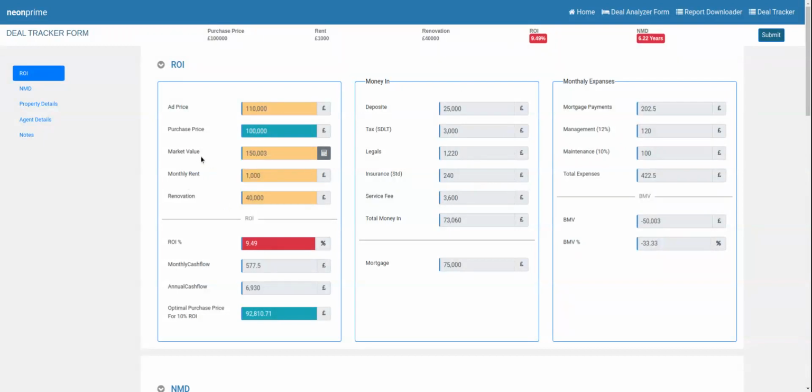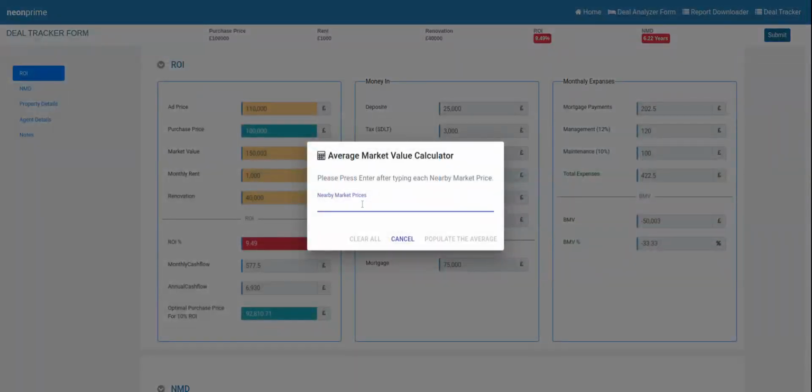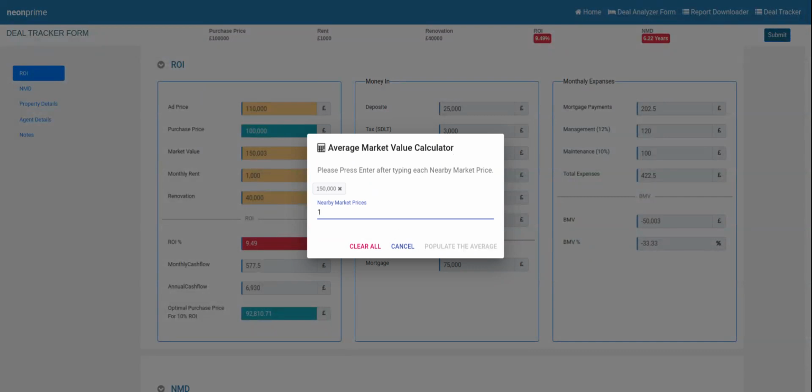Then we have the market value. This is the average price of nearby places which are getting sold. You can enter the nearby property prices. For example, one nearby property sold for 150K, another sold for 140K, and another sold for, let's say, 165K.